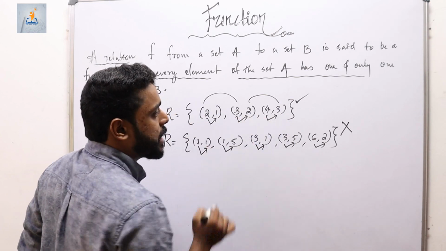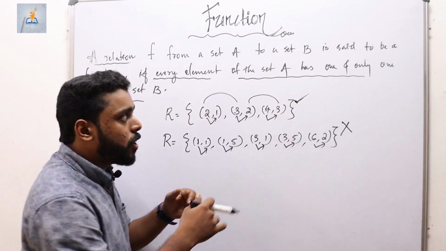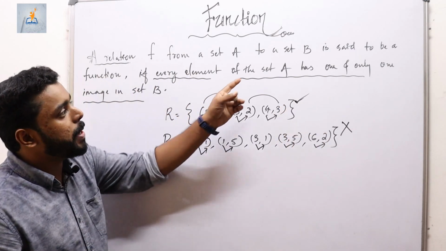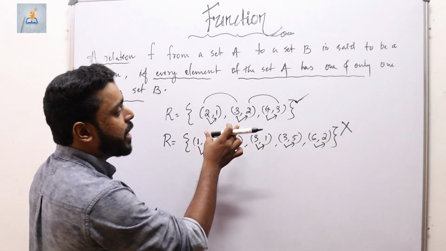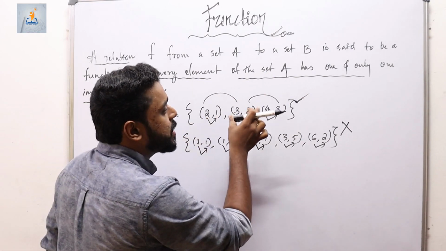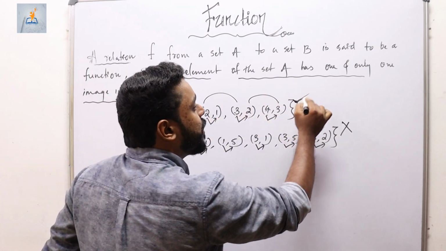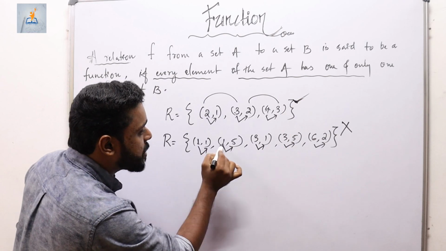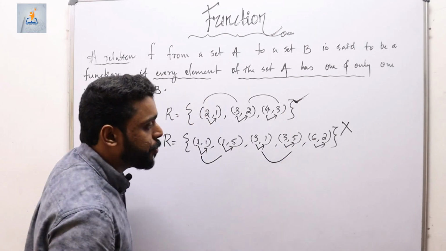So this can be a function. In order to check whether every element has one and only one image, just look into it and identify whether it has distinct first elements or not. If it has distinct first elements, it will be a function. Here you can see the first elements are not distinct for this pair. The first element is not distinct for this pair.